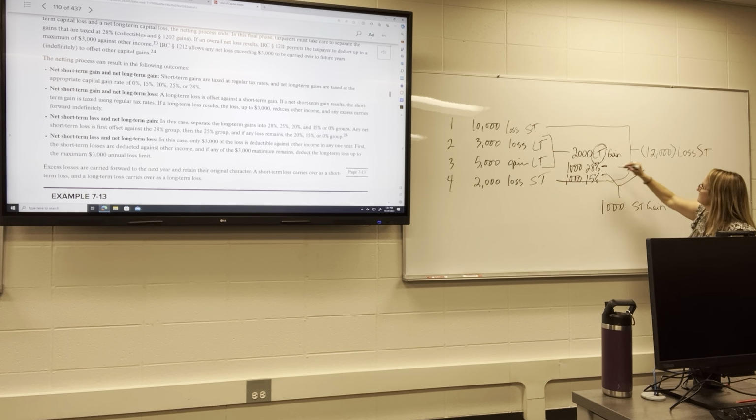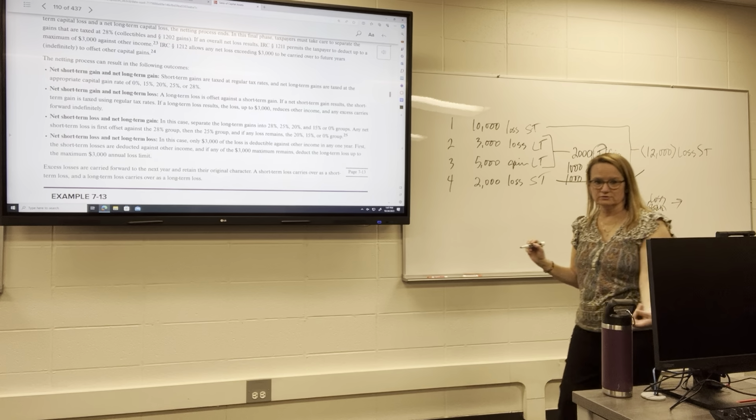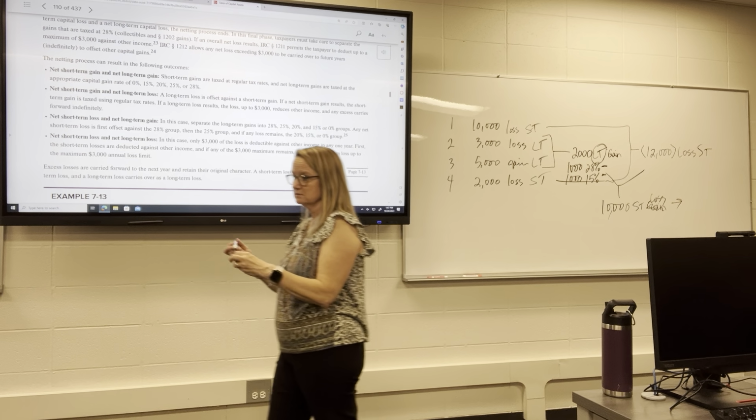Then the next $1,000 is going to offset the 15%, and then we have a $10,000 short-term loss that we carry forward. So you're always going to offset the highest tax rate first, which gives you the benefit.